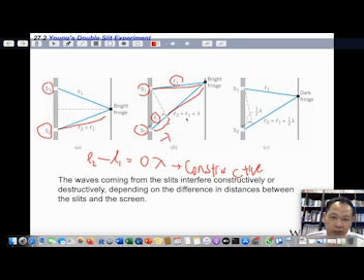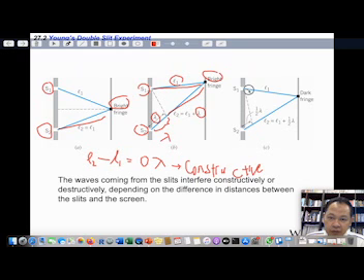So it means L2 is L1 plus lambda. How do you expect this? Yeah, the difference is lambda here, and you can expect here will be a bright fringe.